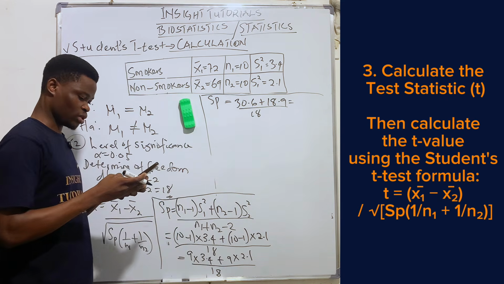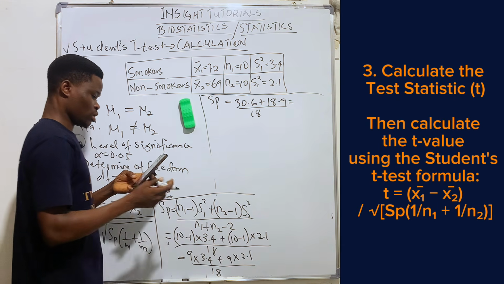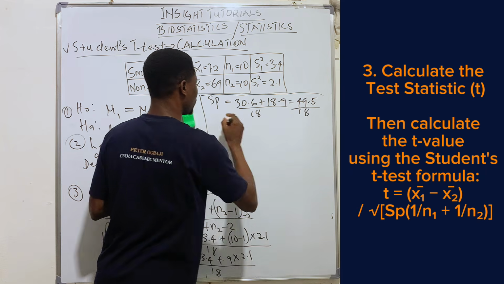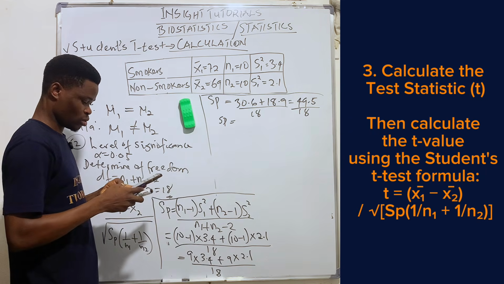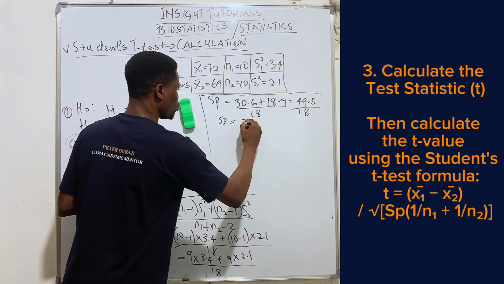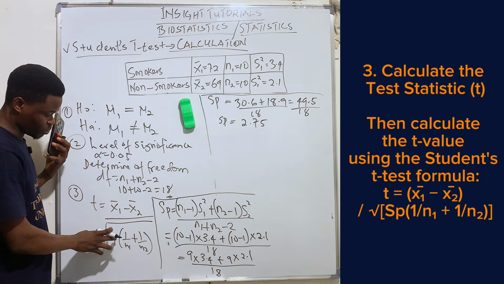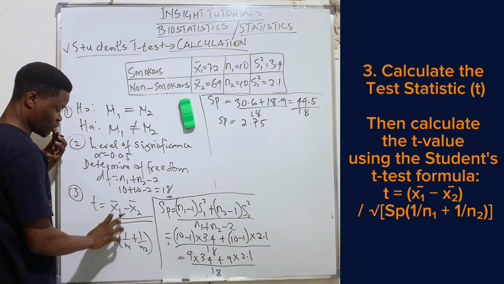So if we sum this up, 30.6 plus 18.9, we have 49.5 over 18. Our pooled variance will be equal to 49.5 divided by 18. We have 2.75.